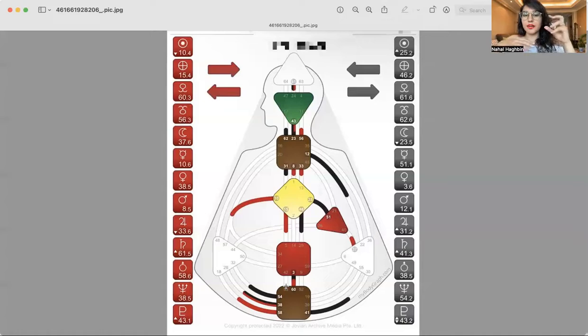And usually I find the ones that have the red and the black are almost like systems where you need to work, like your actual work in your life, you need to choose it to be in this thing. So I would definitely ask you to look at gate number 38 and gate number 60 and 3 to see what those things are and pay particular attention to it, especially 38.